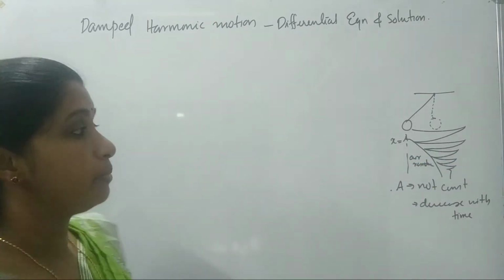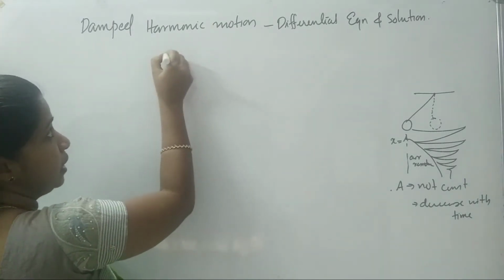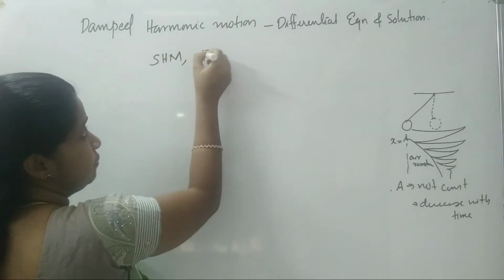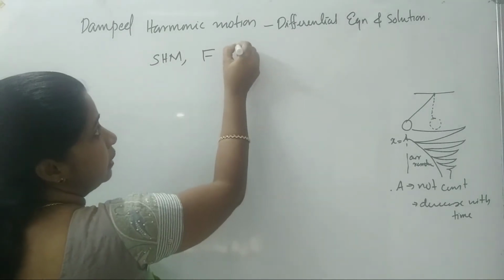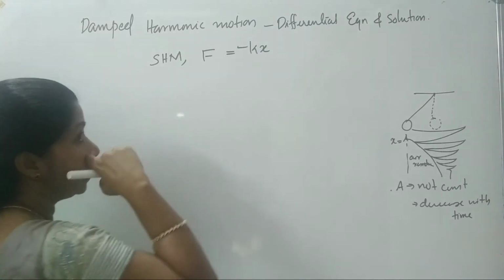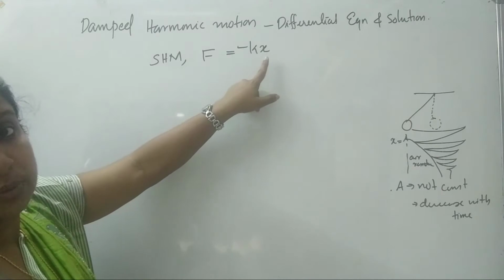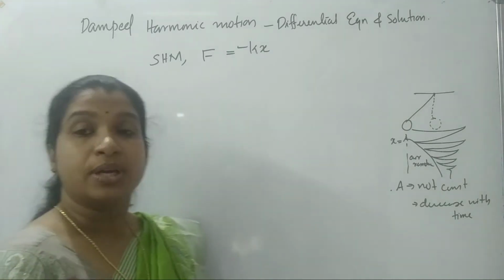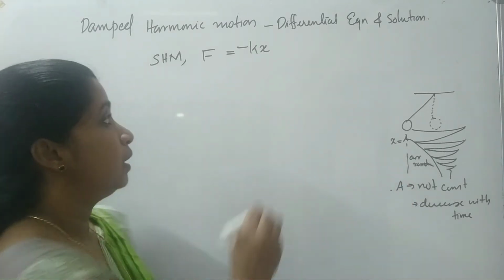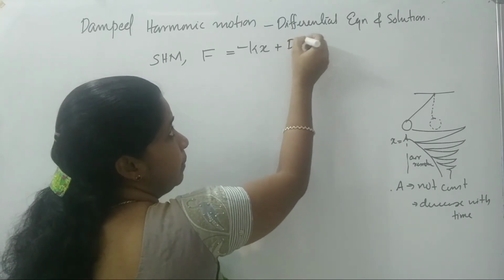So under equilibrium condition, we know the condition for simple harmonic motion. The condition for simple harmonic motion is force equal to minus kx. So F equal to minus kx is the condition for simple harmonic motion. When air resistance comes, that is called damping, so we can write a damping force also.